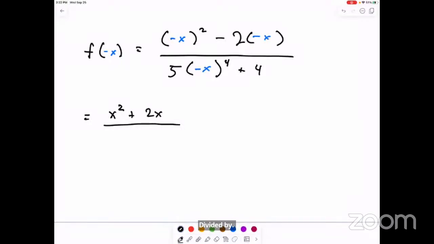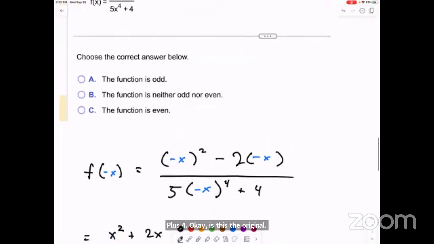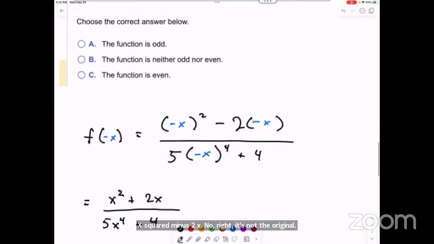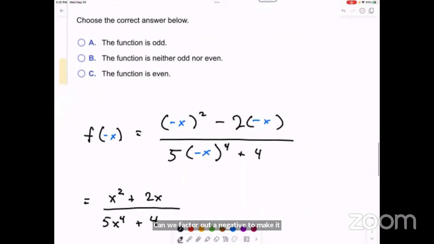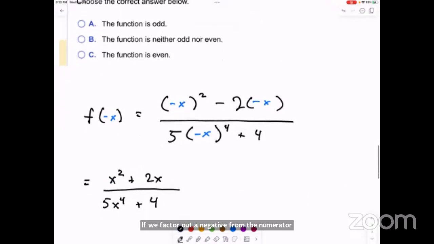Even number of negatives is going to be positive, so that's going to be a positive 5x to the 4 plus 4. Is this the original, x squared minus 2x? No, it's not the original. Can we factor out a negative to make it negative times the original? If we factor out a negative from the numerator, we're not going to get a negative times the original. We're going to produce another negative that we don't need.